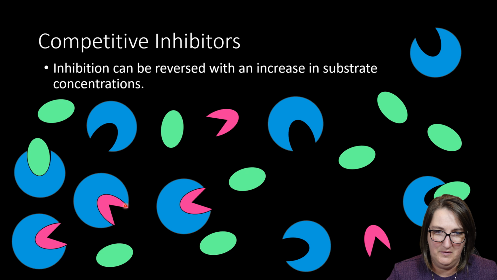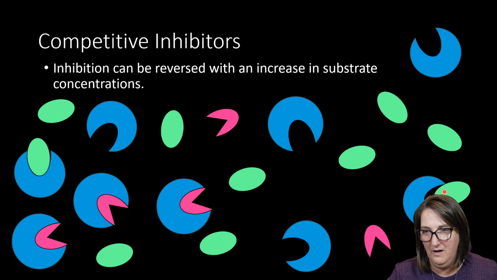So see these inhibitors, I've got these inhibitors in here, but the more substrates I have coming in, the more opportunity I have for these enzymes to break down these substrates. If I have very few substrates, these inhibitors are going to be able to prevent these substrates from breaking down. But the more substrates I have, the more opportunity I'm going to have to hit these active sites.